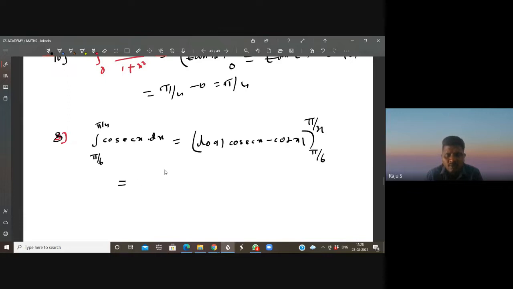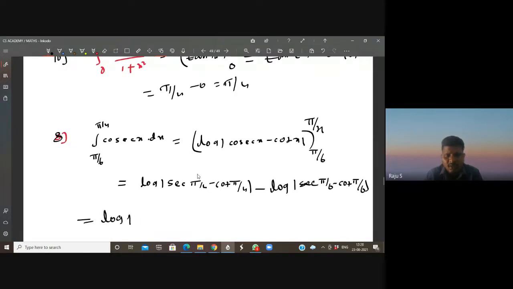Okay, now substitute upper limit. Log mod cosecant pi by 4 minus cot pi by 4 minus log mod cosecant pi by 6 minus cot pi by 6. I substituted upper limit and lower limit. Here, log mod cosecant pi by 4, 45.